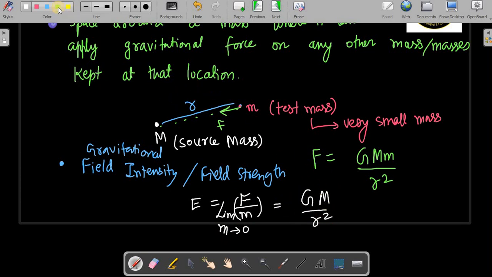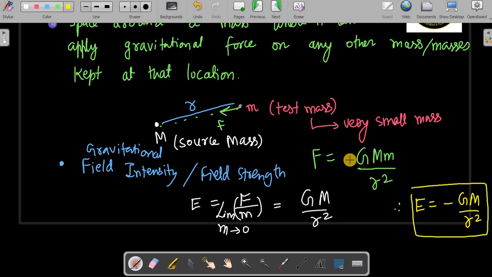Of course you can use it in terms of a vector. You have to put a minus sign if you are writing it as a vector, but here we are writing the magnitude. Vectorially you can write it like that, because this is always towards the source mass. So field due to a mass you can represent as lines which go directly towards the mass.